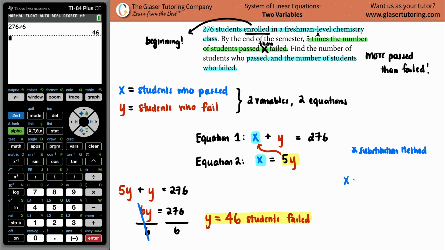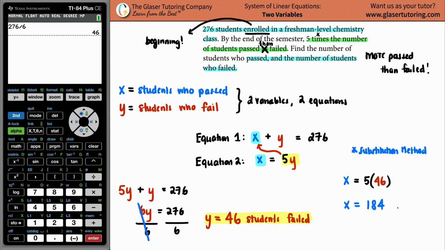X equals 5 times the Y, which was 46. So let's see, X equals... That's a 200, right? So what is that? That's 80, that's 92. 184?